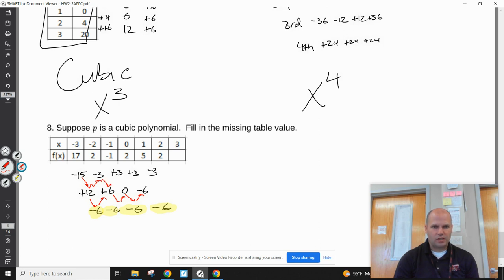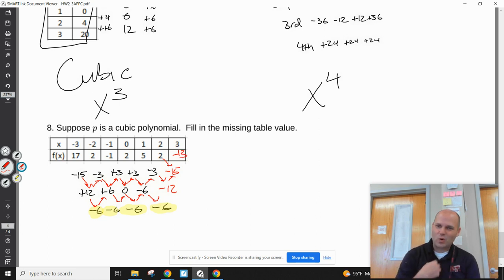Negative 3 plus 6 is positive 3. Positive 3 plus 0 is positive 3. Positive 3 minus 6 is negative 3. Negative 6 minus 6 is negative 12. Negative 3 minus 12 is minus 15. 2 minus 15 is negative 13.